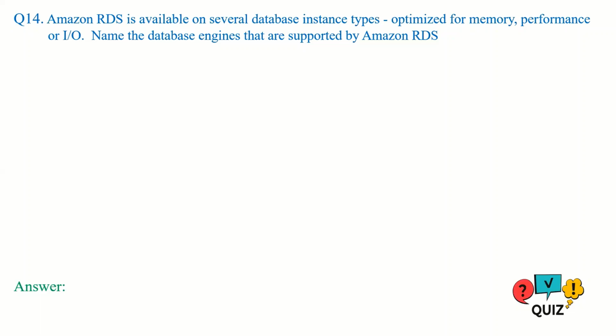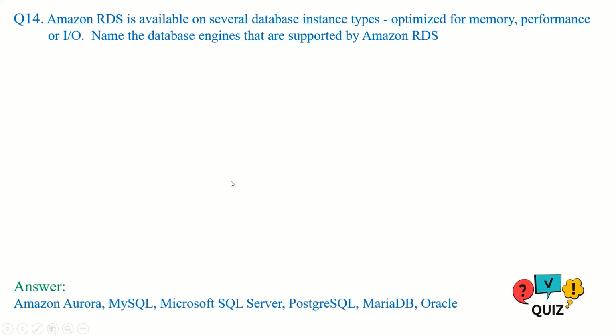Microsoft SQL Server. Okay. The question is only the second line: name the database engines that are supported by Amazon RDS. The first line is just a cover-up, just to confuse. So all 6 database engines: Amazon Aurora, MySQL, Microsoft SQL Server, PostgreSQL, MariaDB, and Oracle. All 6.